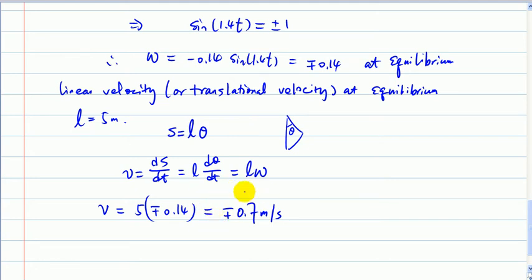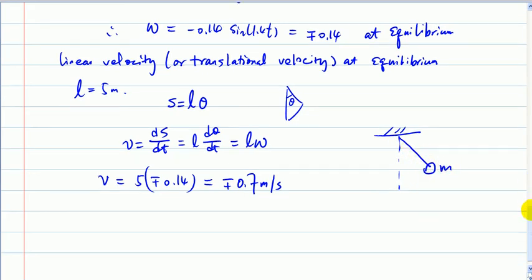If I redraw it here, this is your mass m. The plus sign is normally used when the pendulum is moving counterclockwise, and the minus sign is used when it's moving clockwise.